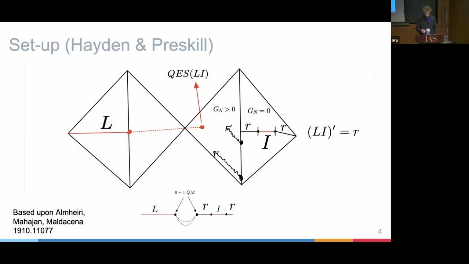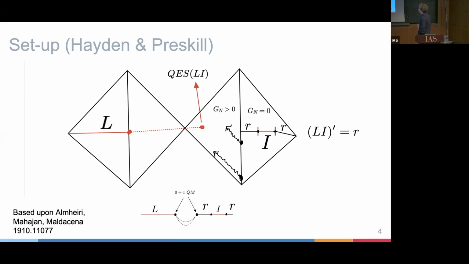So here's the setup of this talk, and it's basically this setup the whole time. Let me go through it slowly so everybody understands what's going on. I'm going to consider the setup introduced by Almheiri, Mahajan, and Maldacena, where you have AdS2 JT gravity coupled to some matter.